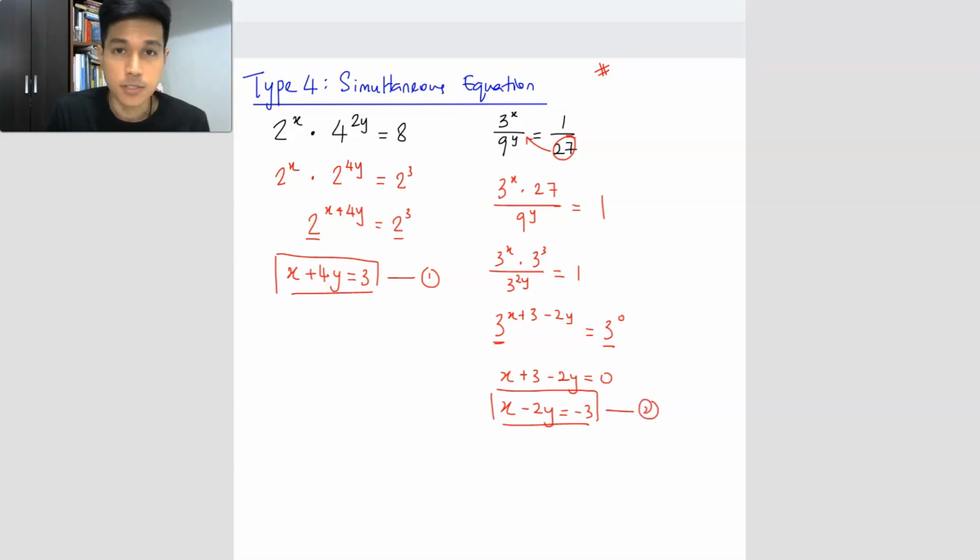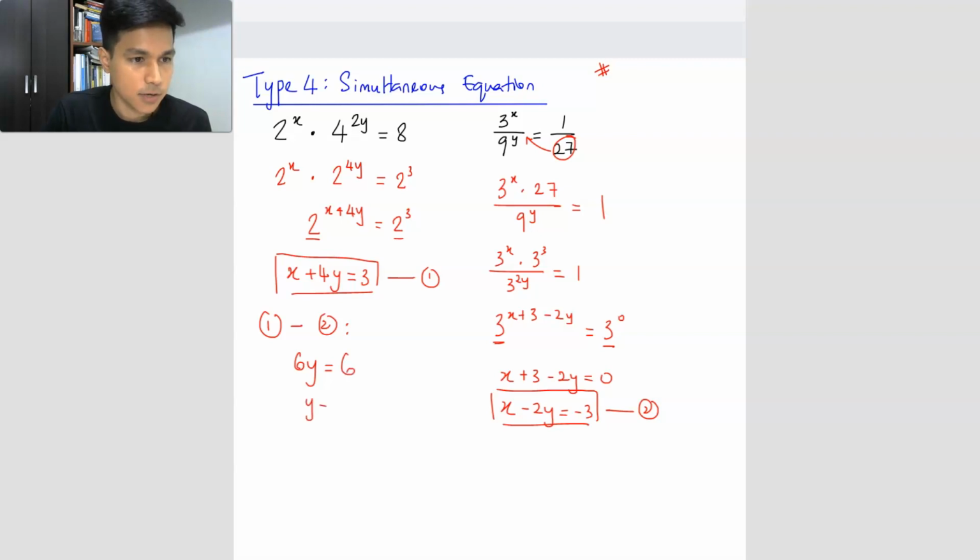Now you can do simultaneous. Equation 1 and equation 2, how are we going to do simultaneous? Let's say we use the elimination method and we eliminate the x. So you have to subtract the two of them. You will get x minus x, no more, 4y minus negative 2y, so you get 6y equals, now 3 minus negative 3, so you get 6.